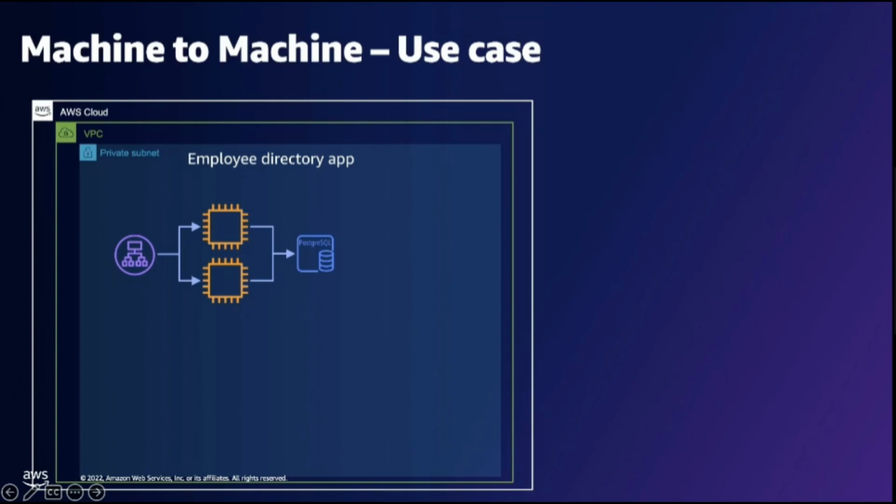Now, the first thing that we want to do is implement network security controls. And for this, we use security groups. As mentioned, security groups act as virtual firewalls in the cloud. With security groups, we can make sure that the web servers can only receive traffic from the application load balancer.